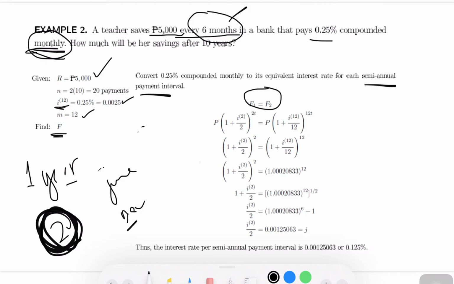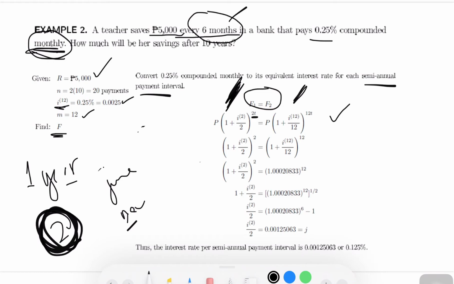Again, we'll start with this. Their future value must be equal. Okay, so again we have this on this side. This is for the monthly for every 6 months, or the semi-annual portion, and this side will be for the monthly.